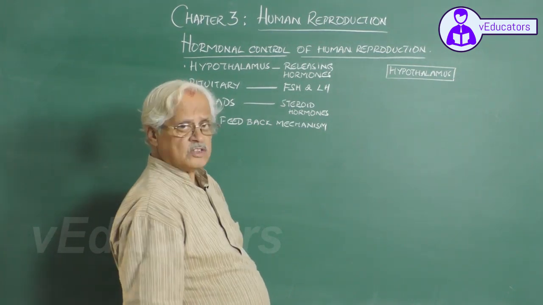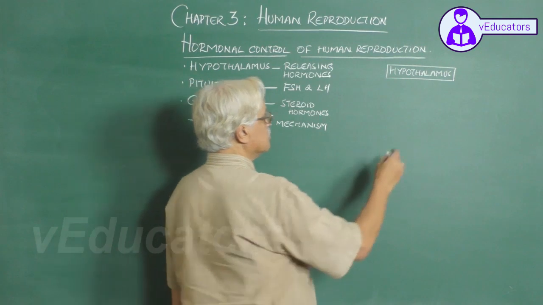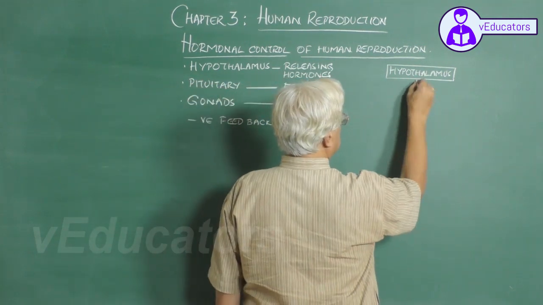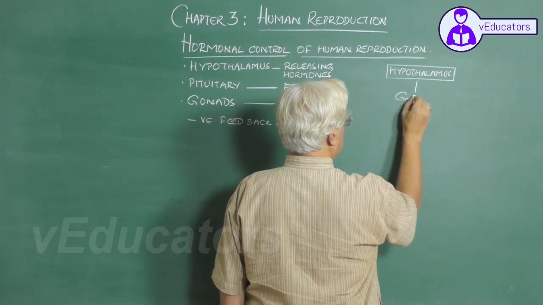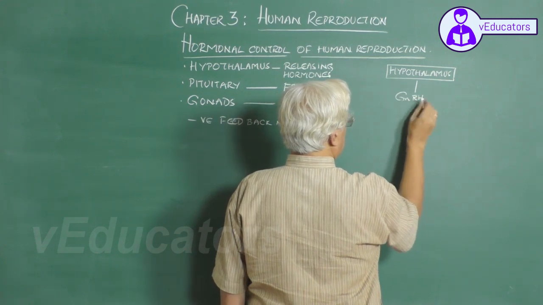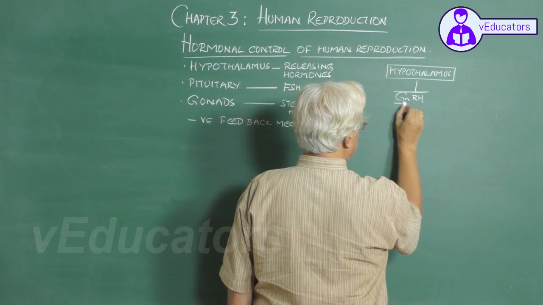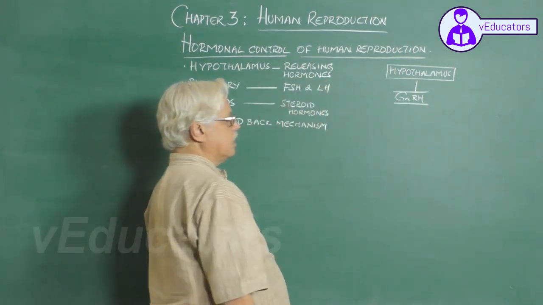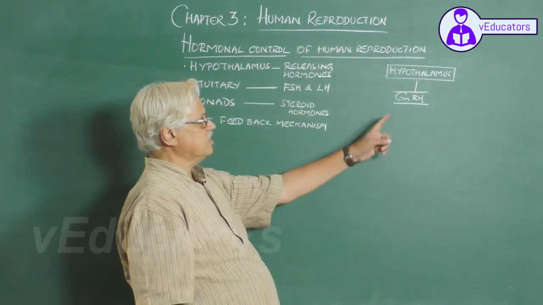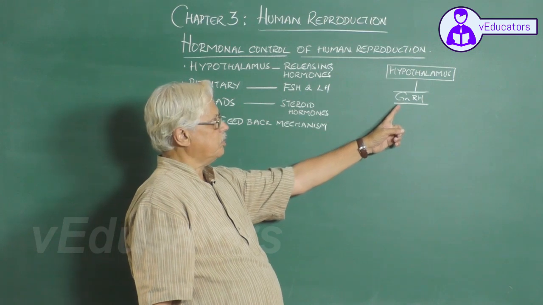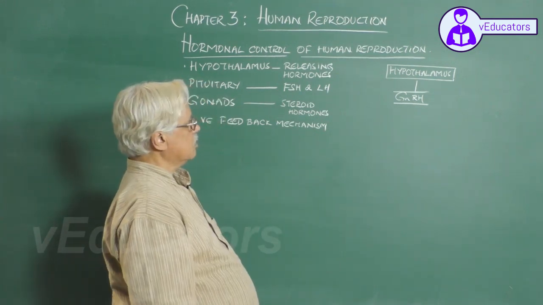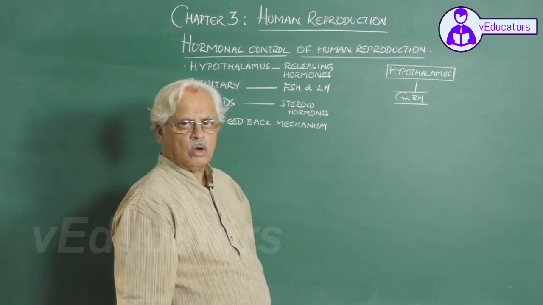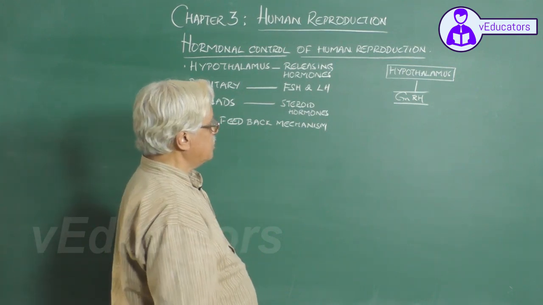It also functions as an endocrine gland by producing some releasing hormones. Among the releasing hormones produced by the hypothalamus, there is a releasing hormone called gonadotropin releasing hormone, abbreviated as GnRH.